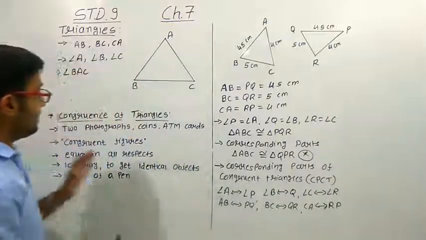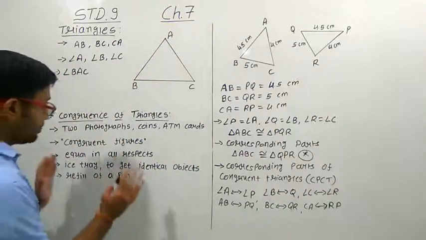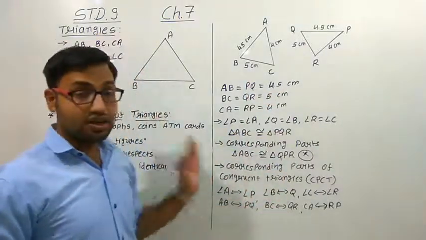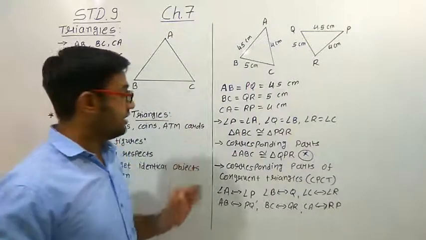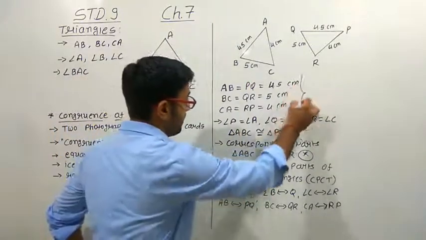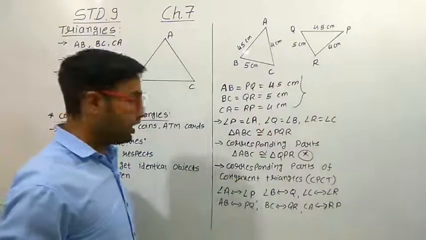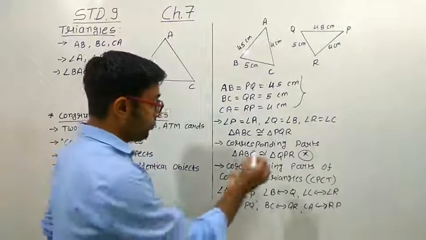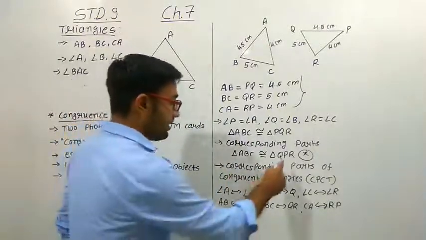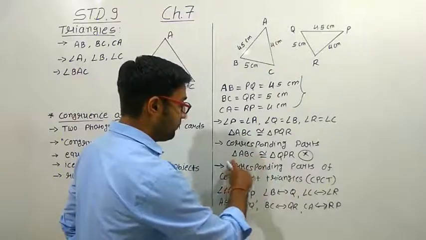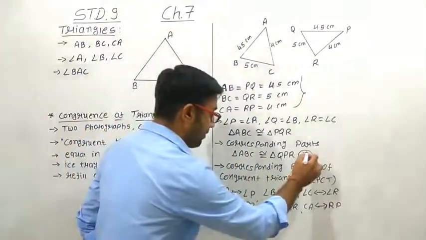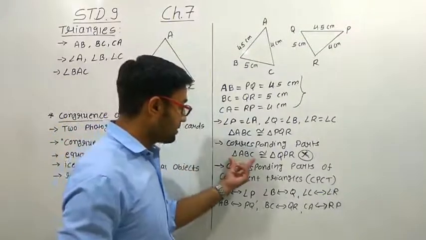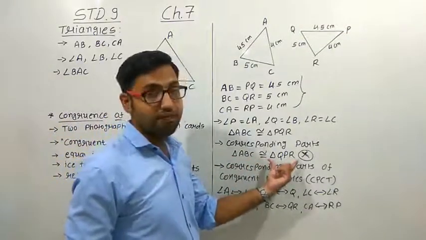So this is all about the basics of congruence of triangles, how we can apply it, and what conditions we have to keep in mind. Whenever the corresponding parts become equal, we can write triangle ABC is congruent to triangle PQR. But if we write the wrong name, then they will never become congruent. So we have to write the names according to the corresponding parts.